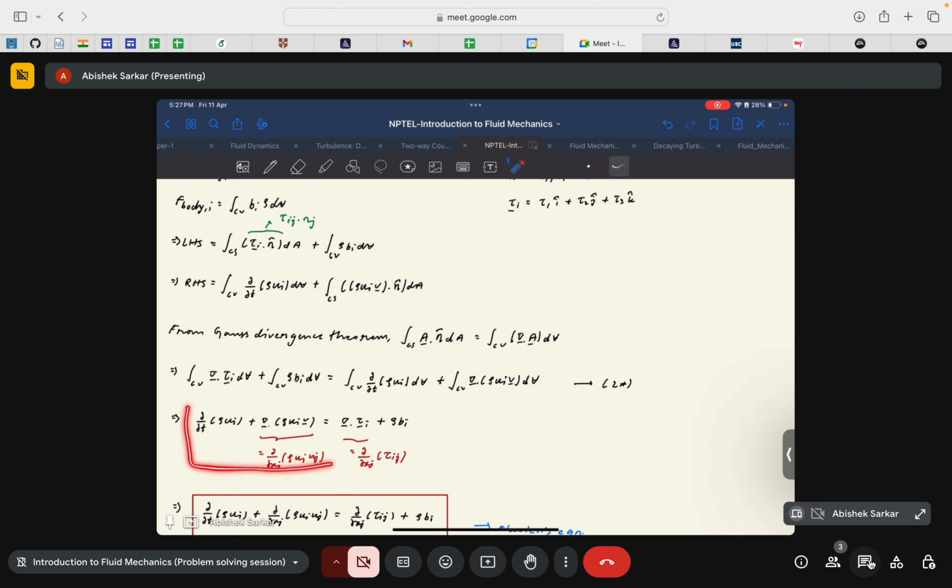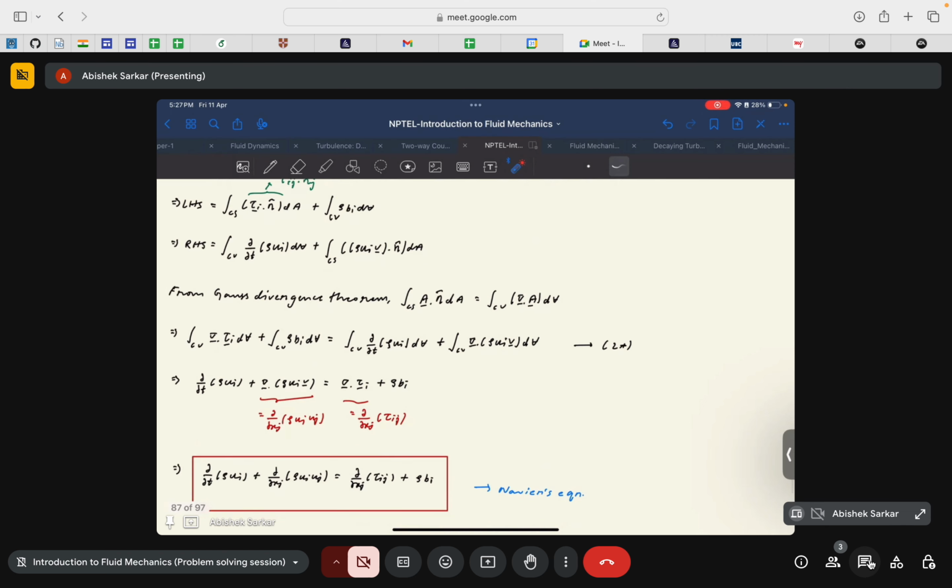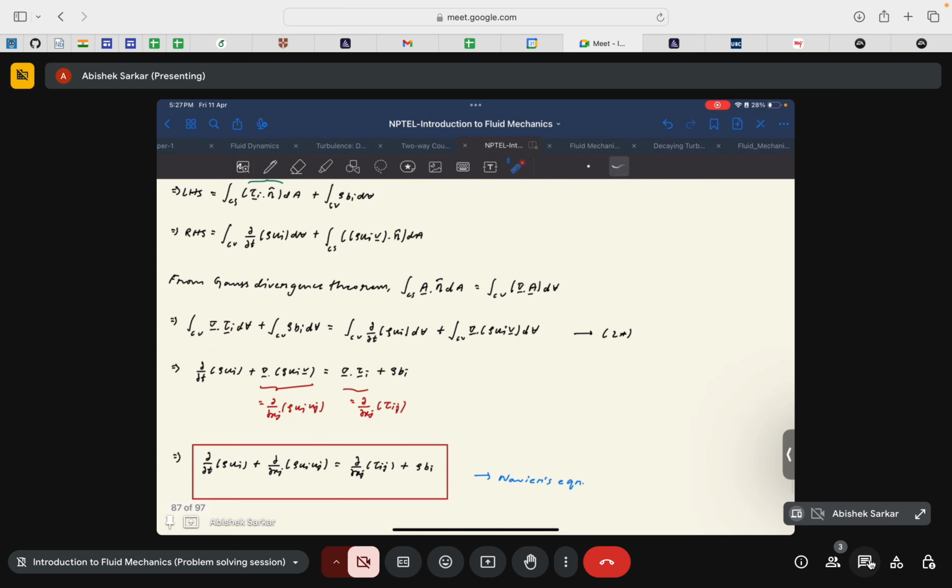Okay, and once you replace it with these index notations, this equation is a very popular governing equation known as the Navier's equation or the Cauchy's momentum equation.